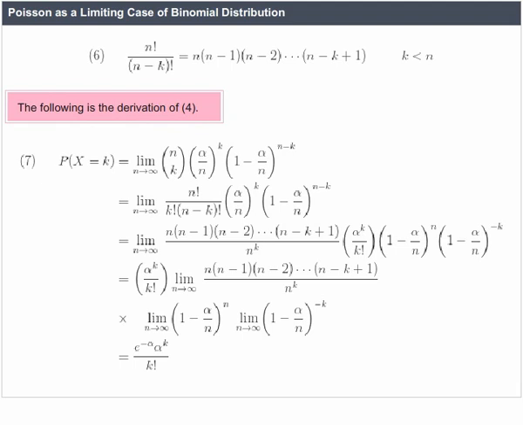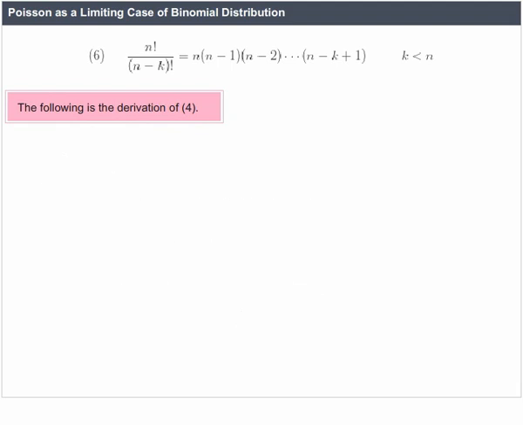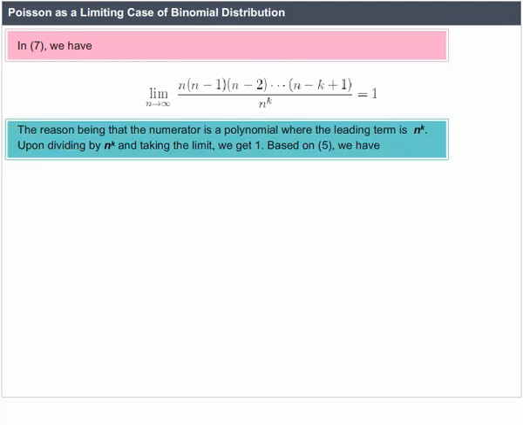In 7, we have limit n tends to infinity n into n minus 1 into n minus 2, etc., n minus k plus 1 divided by n power k equal to 1. The reason being that the numerator is a polynomial where the leading term is n power k.